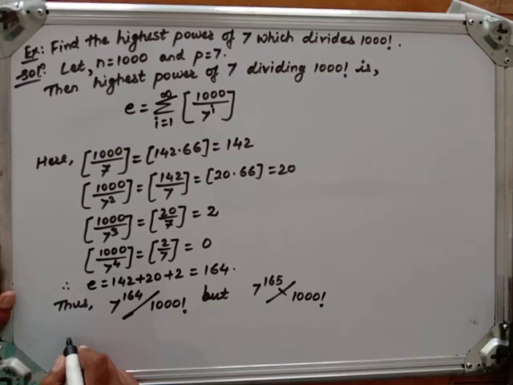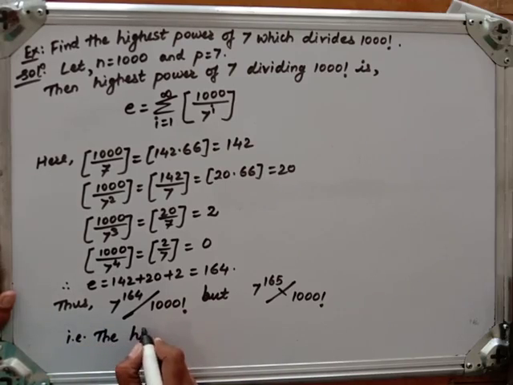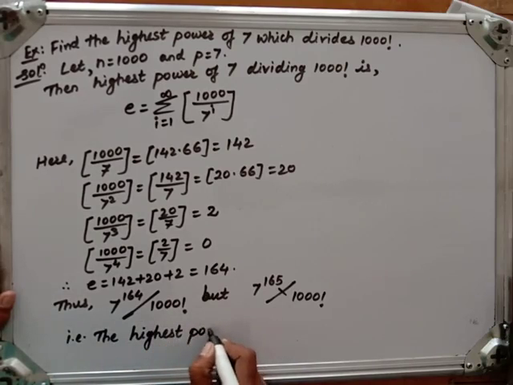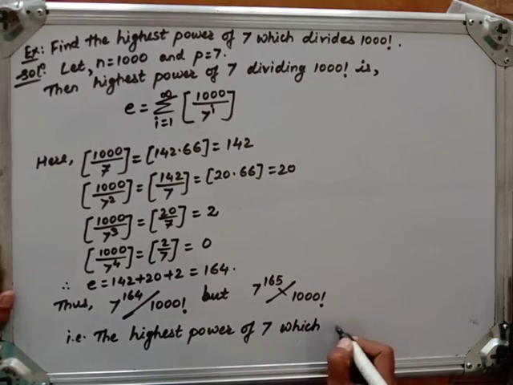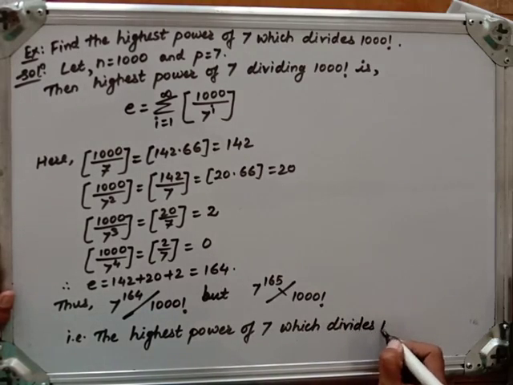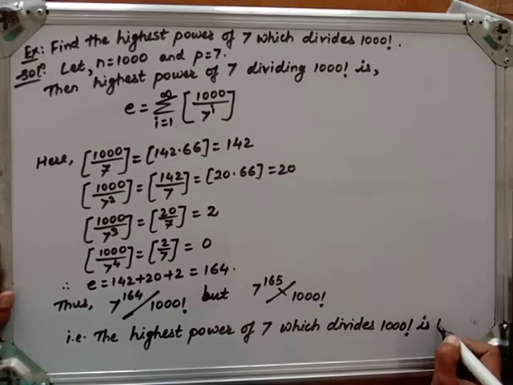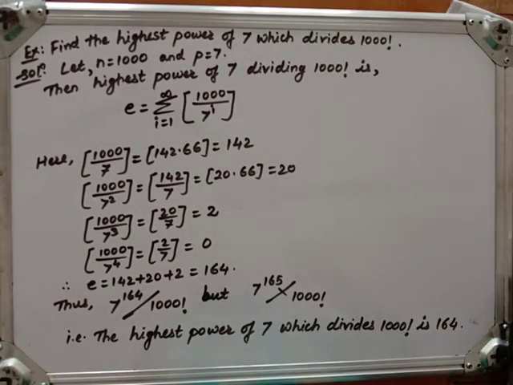That is, the highest power of 7 which divides 1000 factorial is 164.